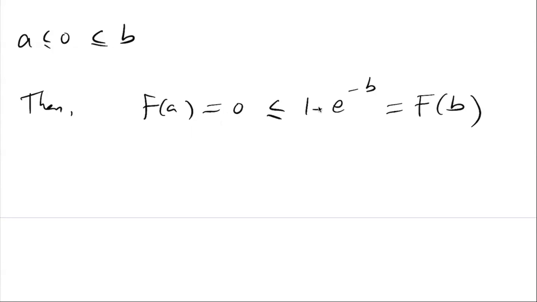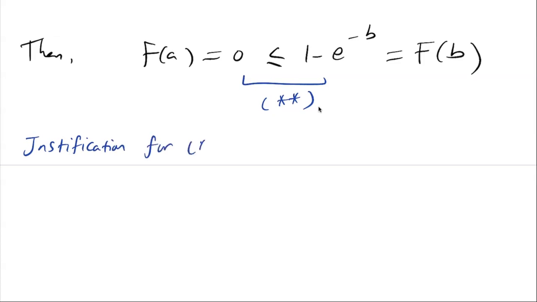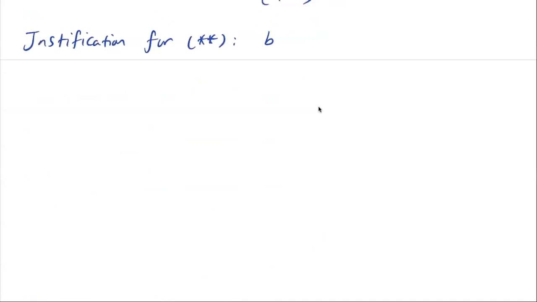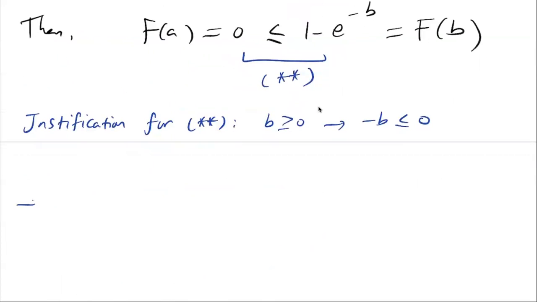Why is 0 less than this number? If I call this one, let's say 2 star. So justification for 2 star is b. What do I know about b? I know that b is bigger than 0. So that means minus b will be less than 0. So e to power minus b will be less than e to power 0, which is 1.